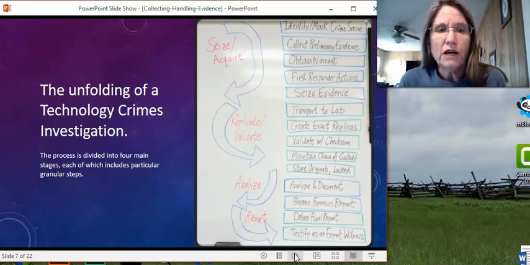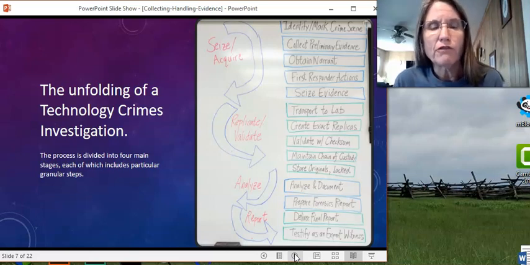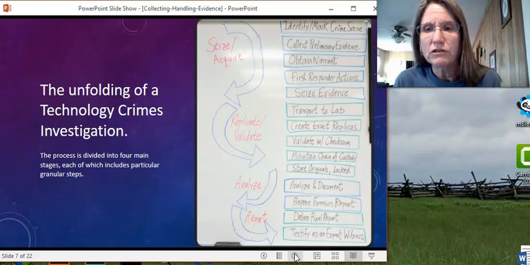Who is responsible for what, and at what stage in the ongoing process. So in this unfolding of a technology crimes investigation, you can see that we have 4 main stages. We mentioned these at the very beginning of this discussion. We're going to have the seizure or acquisition of our initial data, followed by the need to replicate and validate this data.